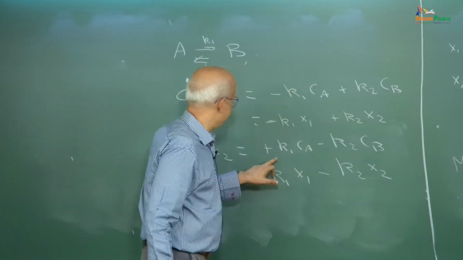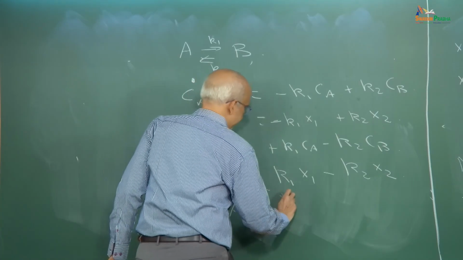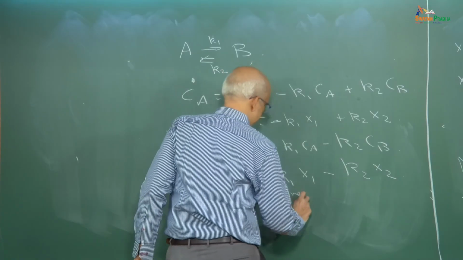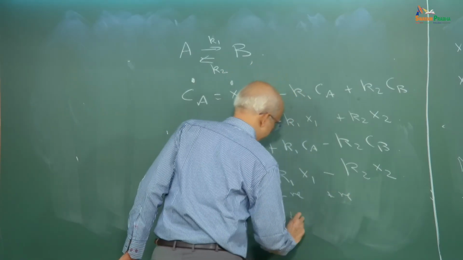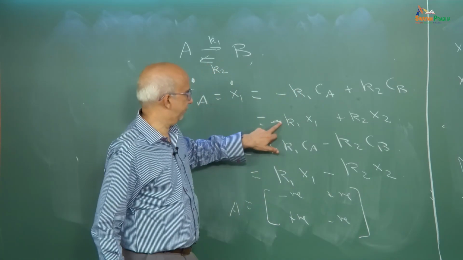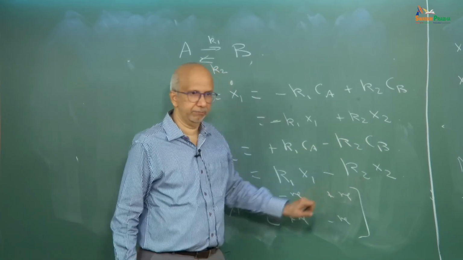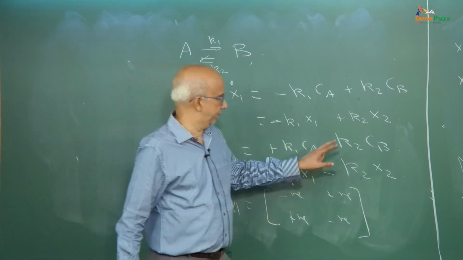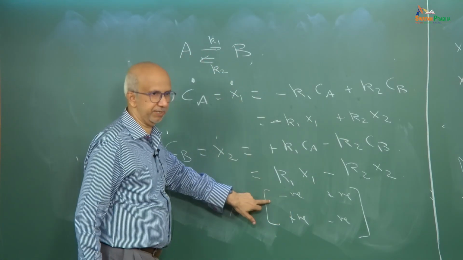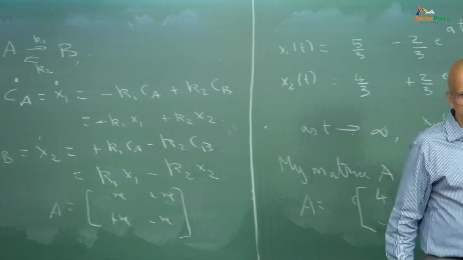So the first column of the matrix A should be negative, positive, and the second positive, negative, because it is getting consumed by the forward reaction, there is a minus sign. But what I had done was I was not taking that into account.